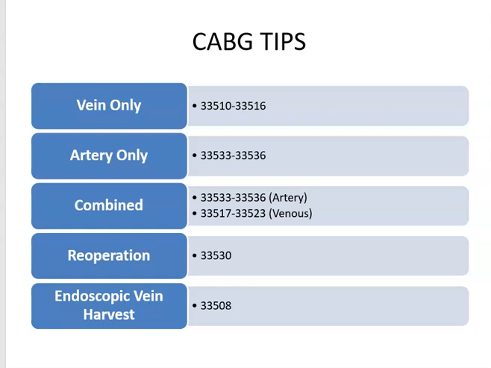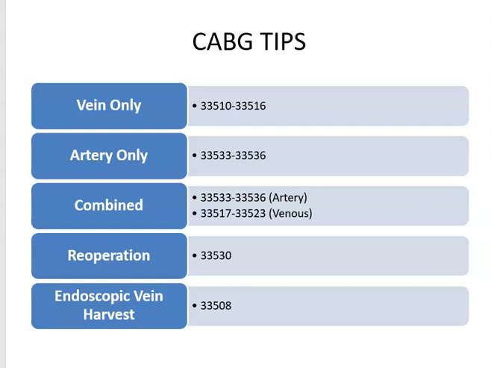First, we're going to report the arterial portion of the procedure, and that's going to be with codes 33533 to 33536. Those are the ones that are on page 233. And then on page 232, they have some add-on codes, 33517 to 33523, that are going to be utilized for the venous portion of the procedure.